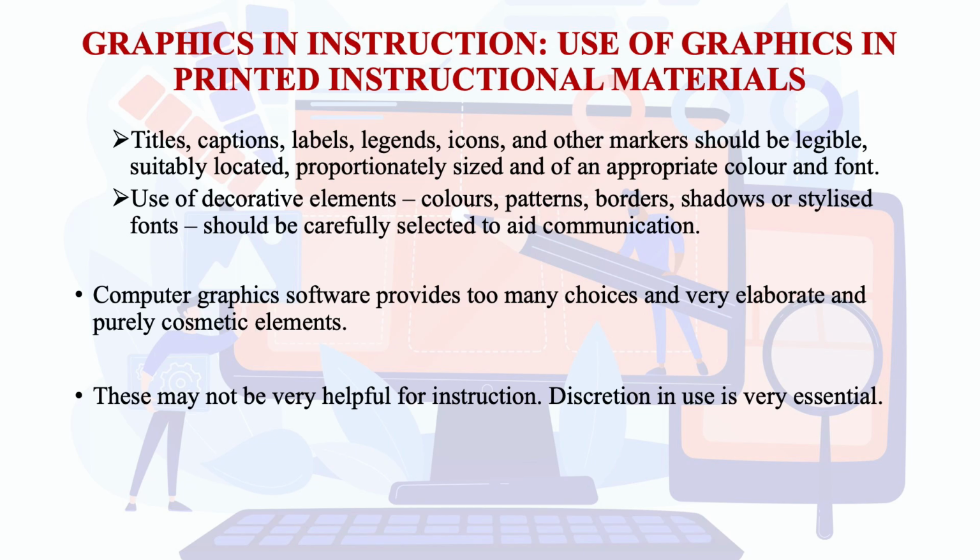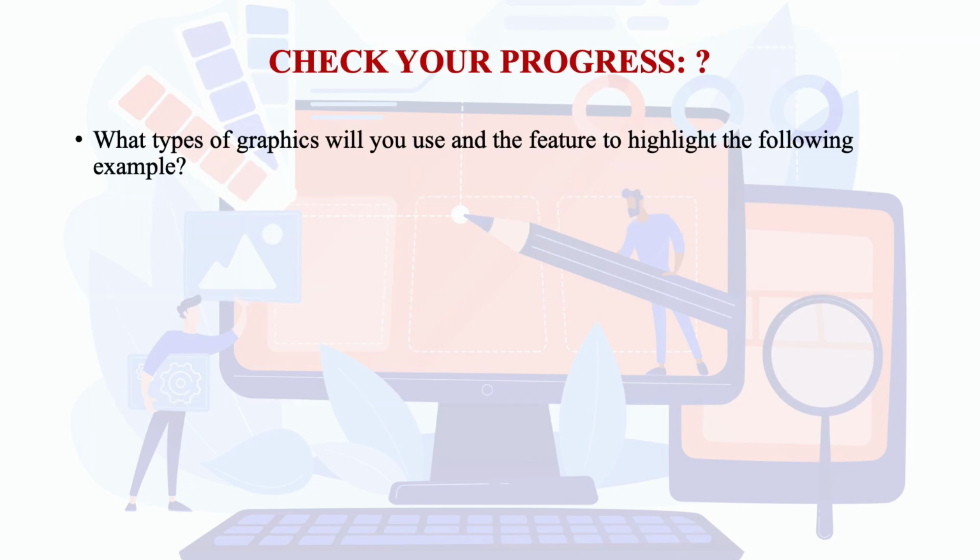Now let's recall and check your progress. Whatever we covered so far, what type of graphics will you use to highlight the following examples? Take a discussion on the fuel crisis. For this purpose, what kind of pictures or graphics will you use?